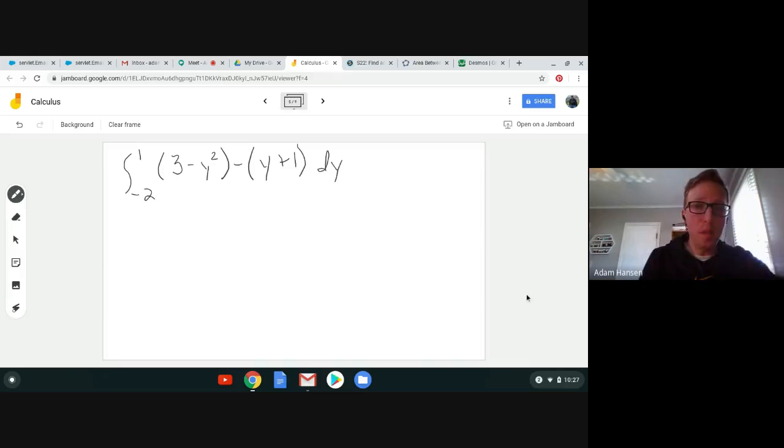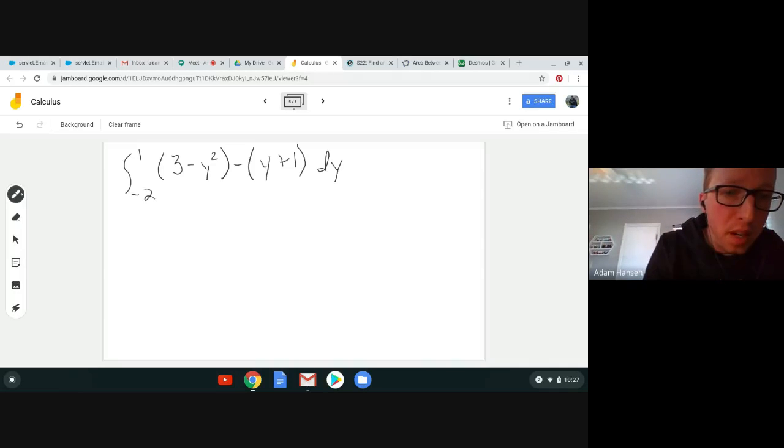Okay, if not, I'm going to go ahead and keep simplifying. I'll bring down the definite integral from -2 to 1 of -y squared minus y, and 3 minus 1 is a positive 2, dy.